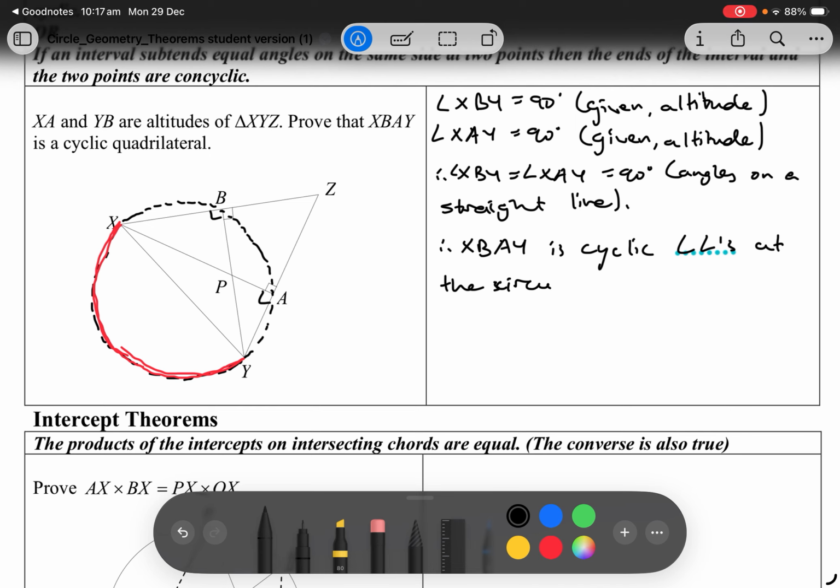Angles at the circumference standing on the same arc XY are equal.